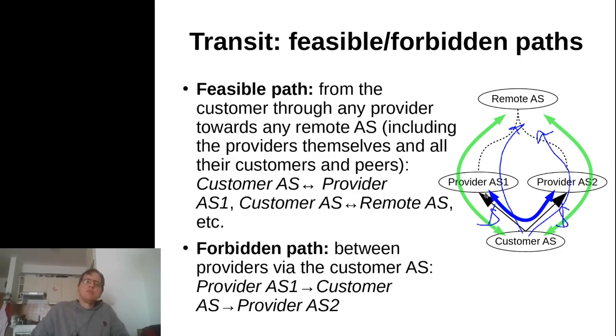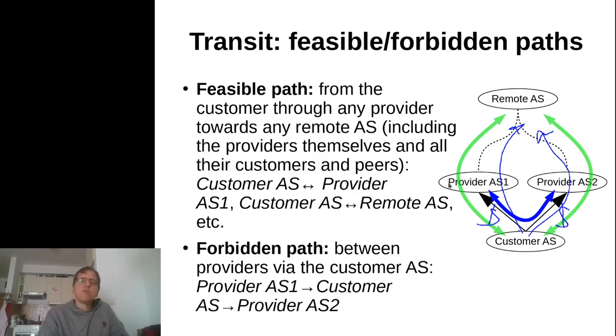So it's not just that it's an economic incentive to let traffic flow along these paths by the provider ASes. It is actually within their economic interest to attract as much traffic to their provider link as possible, because this is a profitable service that they provide to the customer AS.